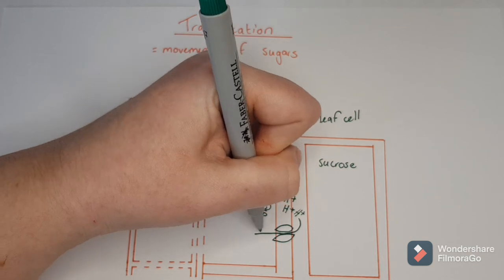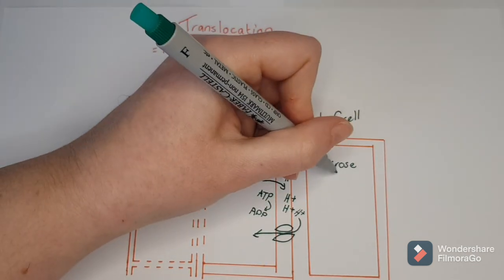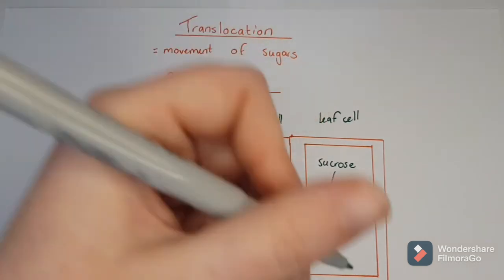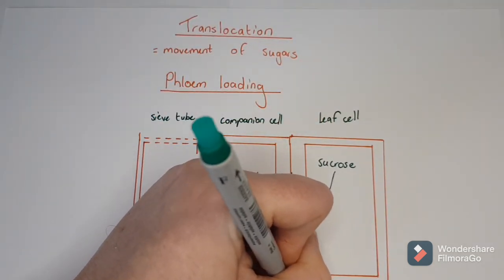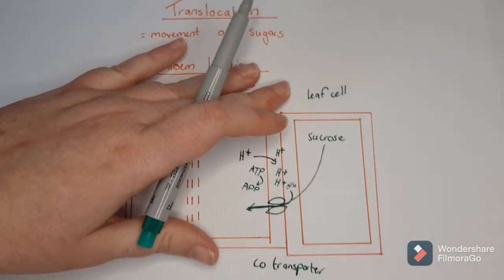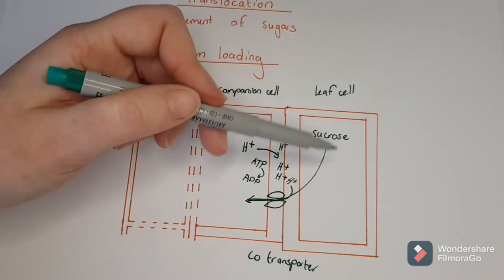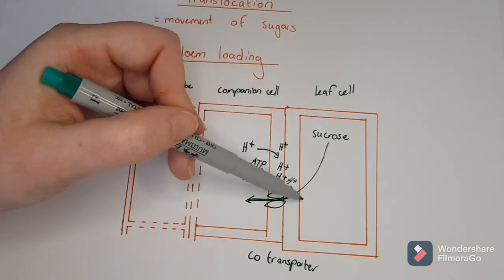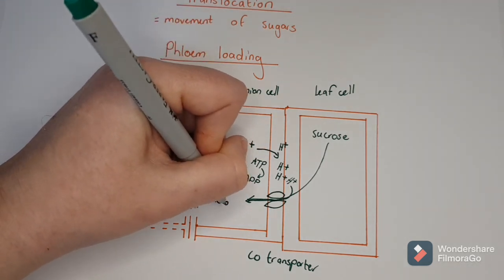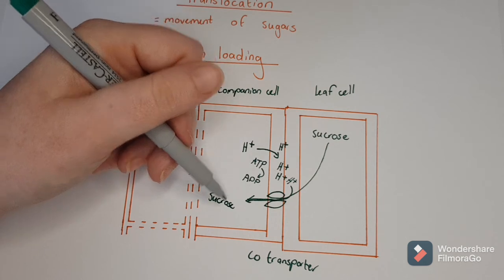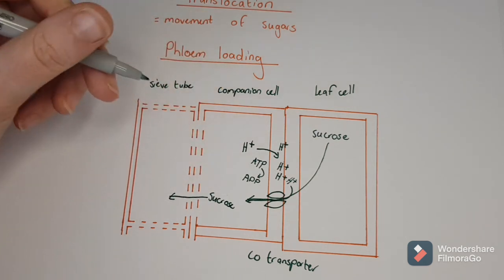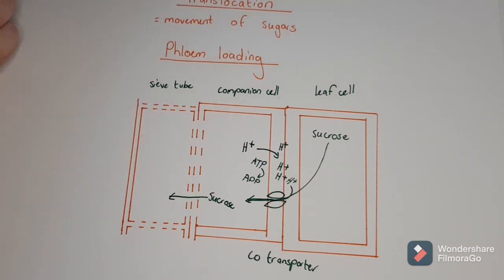And when they move back in down the gradient, they take sucrose with it as what we call a co-transporter. So the hydrogen is a co-transporter going back down its gradient and pulling sucrose with it, so that now you get the sucrose in the companion cell, and then it can diffuse through the plasmodesmata into the sieve tube element.